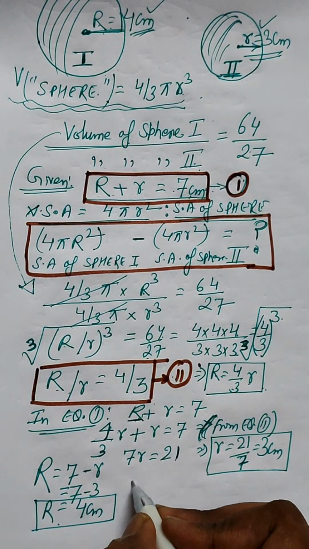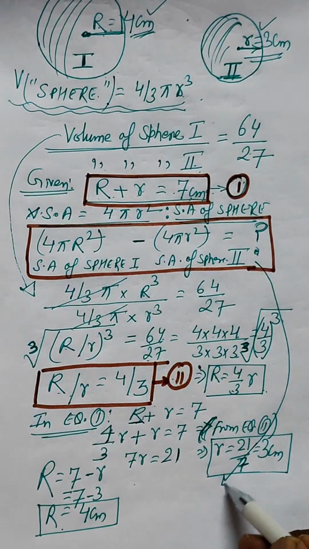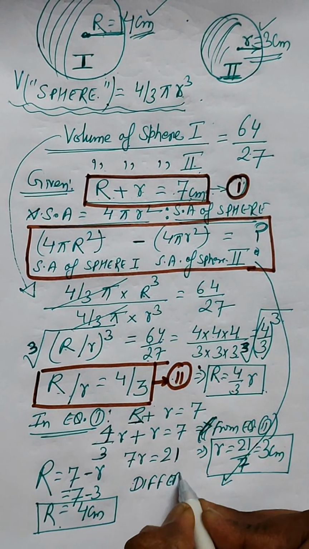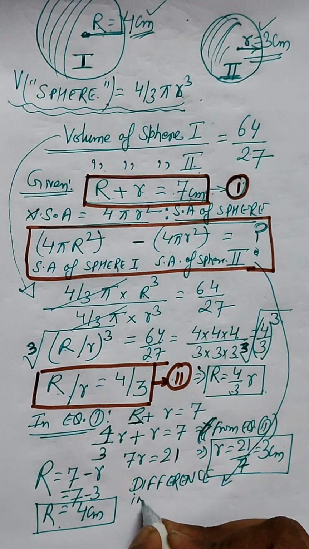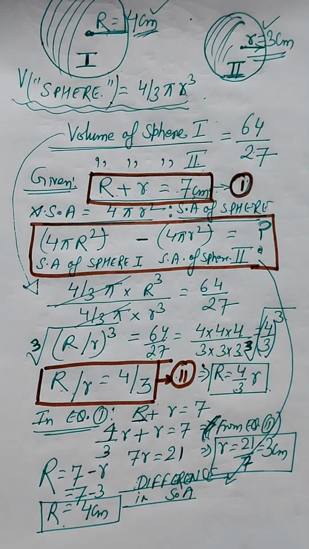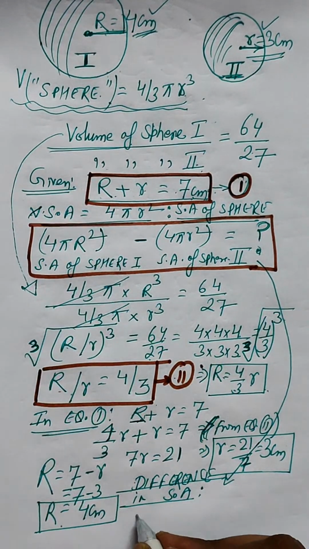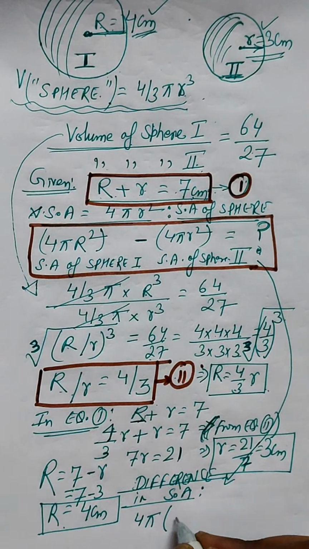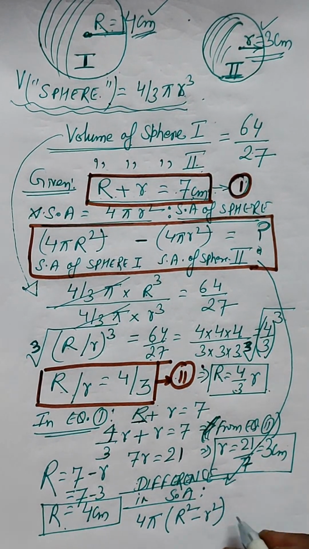So I'm writing the values over here. The difference in SA, SA means surface area, I'm just using the short term. The difference in surface areas can be calculated as 4 pi into R square minus small r square, isn't it?